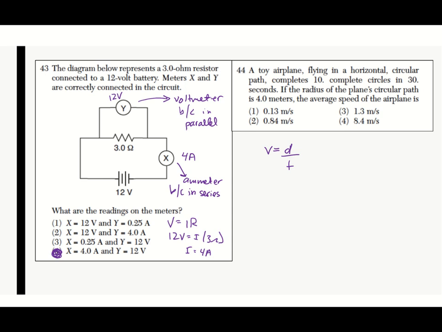Now, we have here a time of 30 seconds. The radius is 4 meters. And then it completes 10 circles. The thing about circles is that the circumference gets you D.